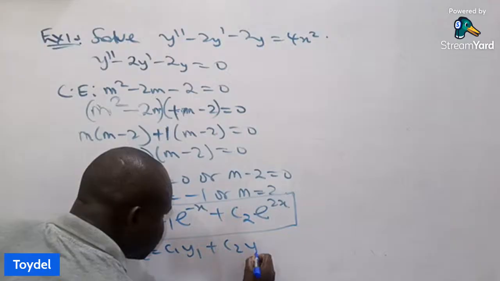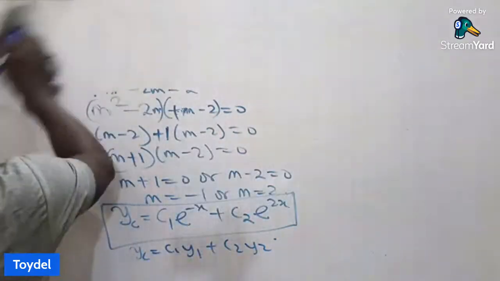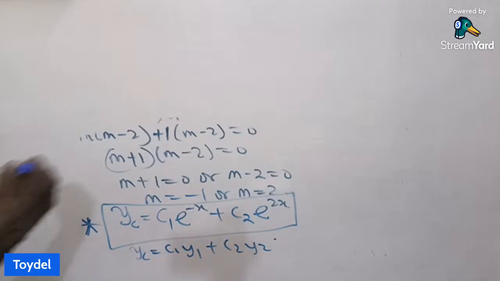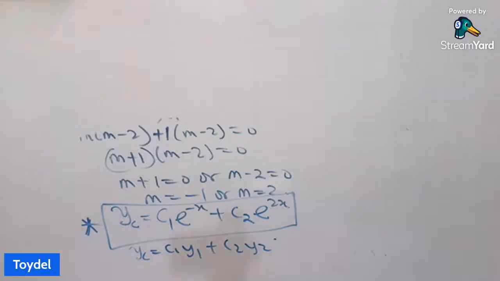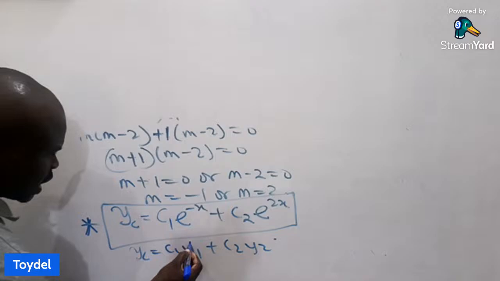I'm about to start the particular solution now. From here, we have gotten the complementary solution, so let's note it, because at the end of the day, we are going to add it with the particular solution to get the general solution to this non-homogeneous differential equation. So from here, y1 is this and y2 is this.